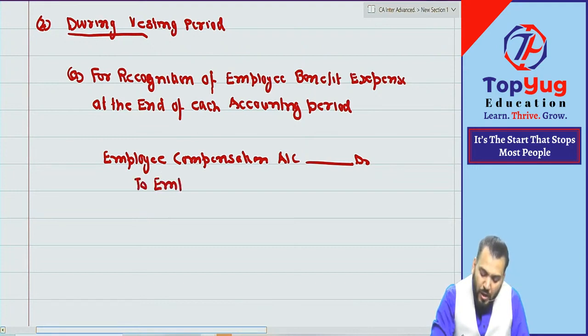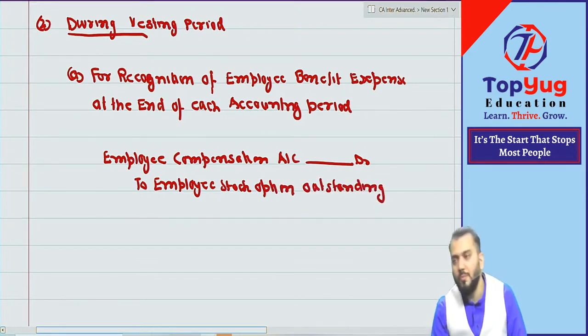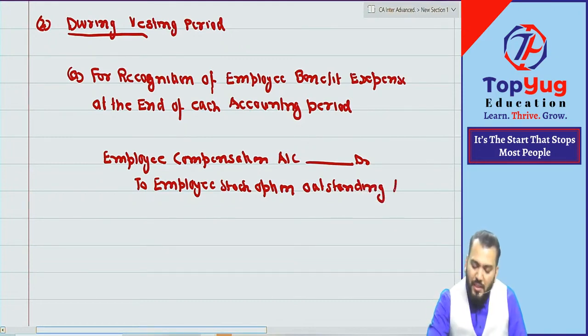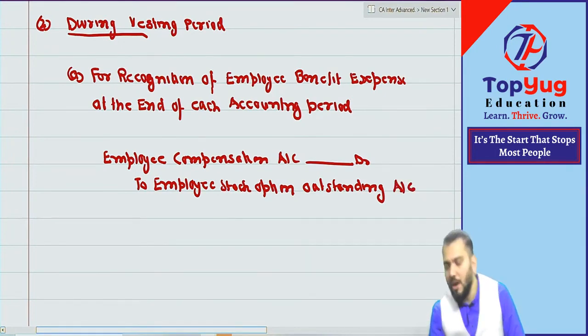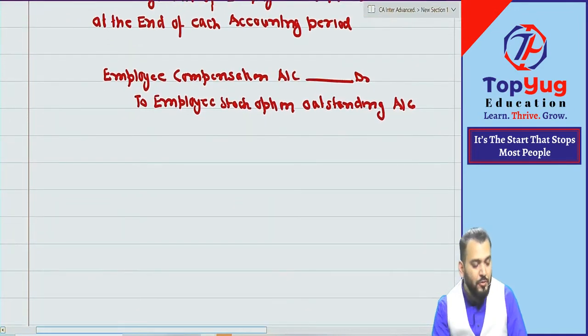We can add employee stock option outstanding account, or you can say simply stock option outstanding account. Both are correct because we are dealing with employee in this chapter. It is better to write employee stock option outstanding account, but you can write stock option outstanding account also. That is not incorrect.